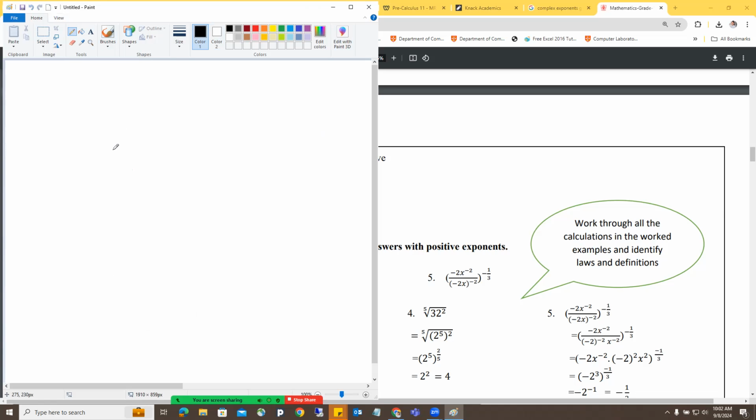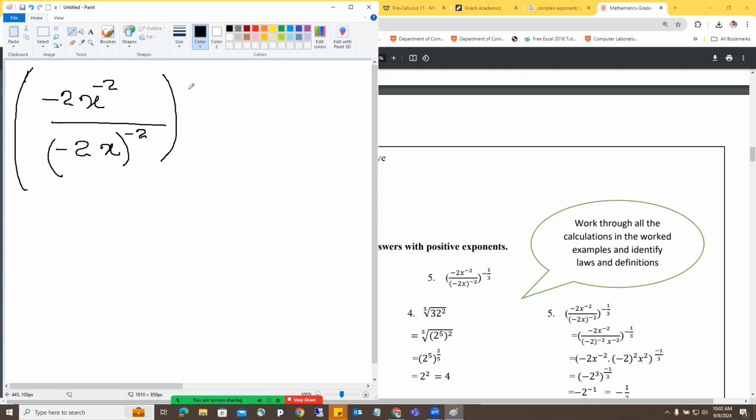The easiest way to solve this kind of one: minus 2x minus 2 divided by minus 2x minus 2, to the power of minus 1 over 3.